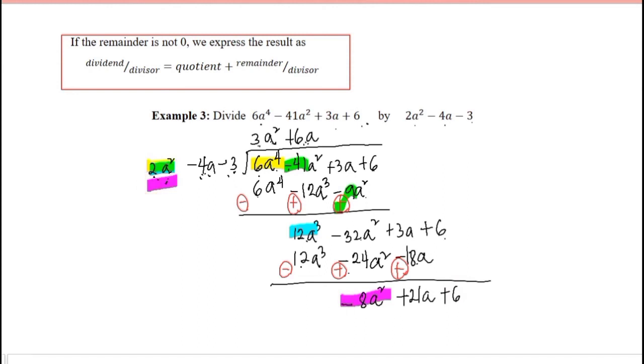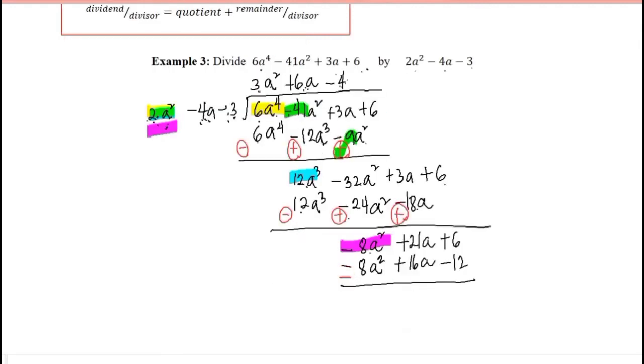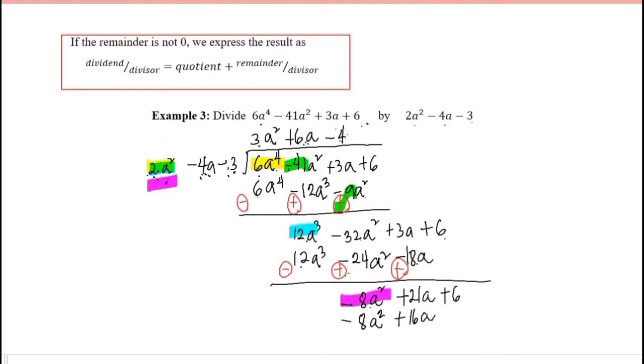So we would have negative 8a squared divided by 2a squared. So that's negative 4. So we have here negative 4 times 2a squared, that's negative 8a squared, times negative 4a is positive 16a. Negative 4 times negative 3 is positive 12.